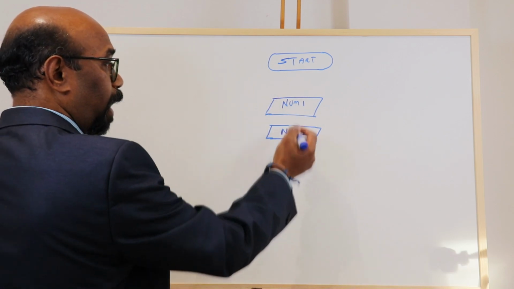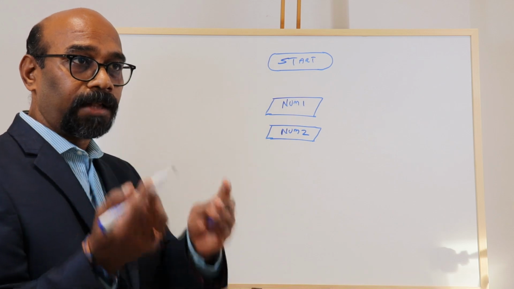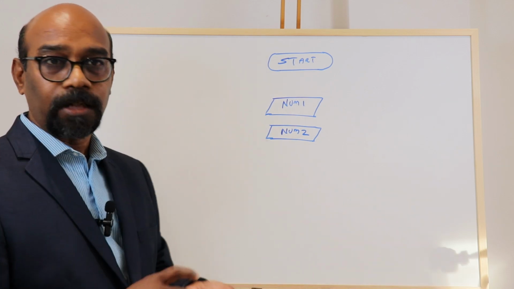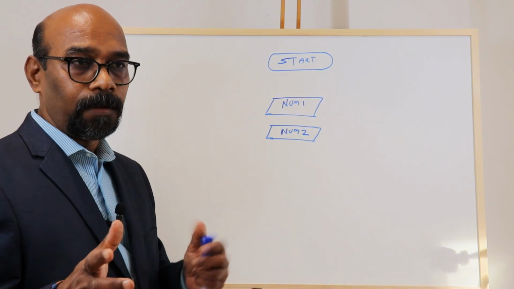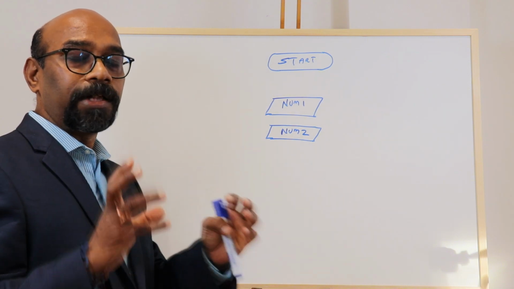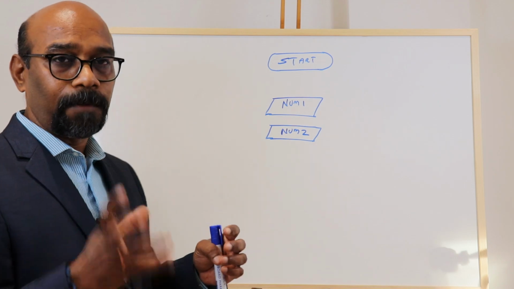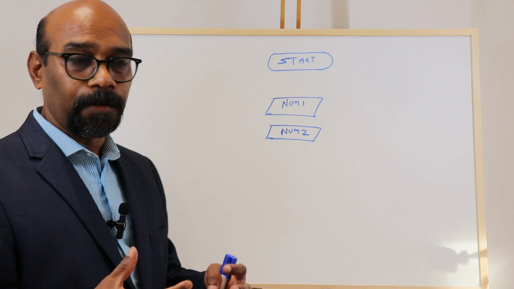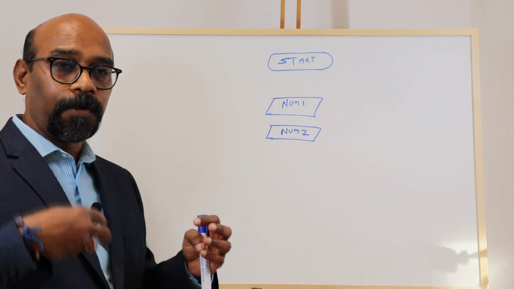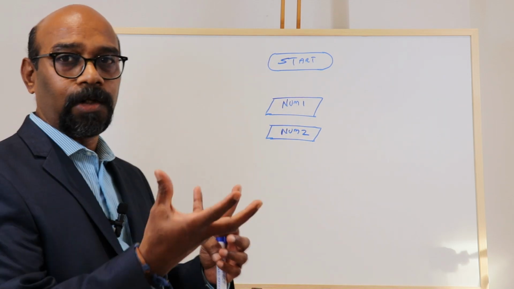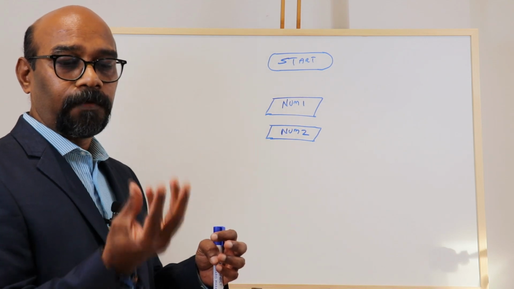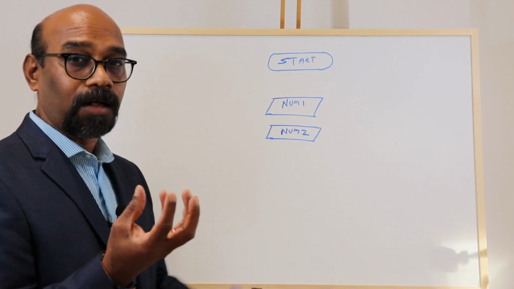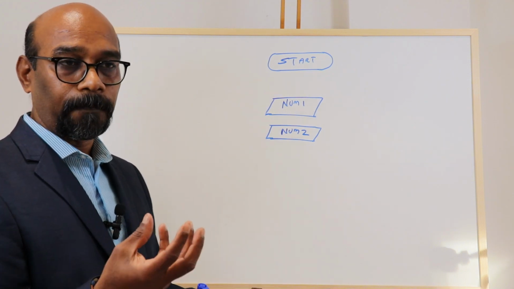Next, we are going to add these two numbers and then store that into another variable called result or sum. A variable is a computer's temporary memory. It does not have a constant value. Whatever value we allocate is the value of that variable. For example, if you have a glass and pour water, the content of the glass is water.